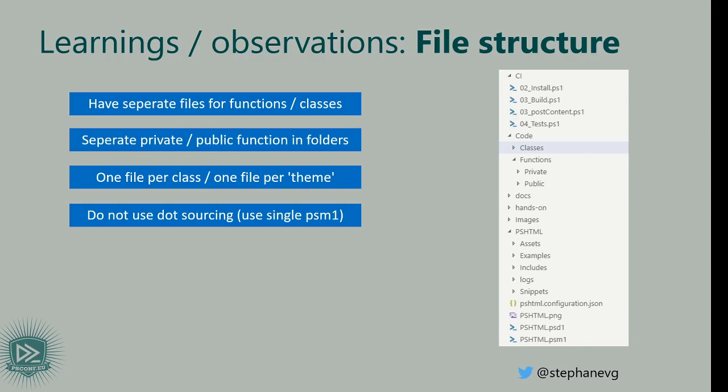Each time I did a modification, I had my Pester tests running to check the complete module of PSHTML. I have around, I think, 600 Pester tests. That's a lot. And each of those loads the module first and then executes the test. So if you have to do that 600 times, the execution time was super huge. And that was simply too much.